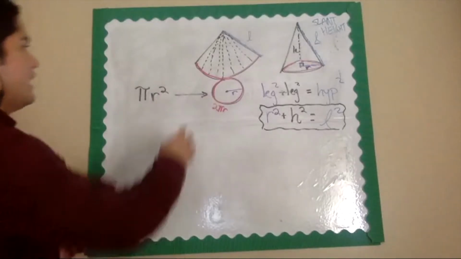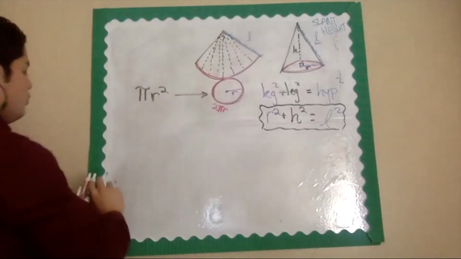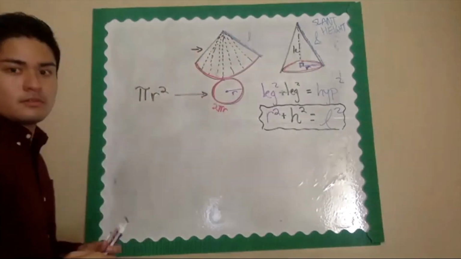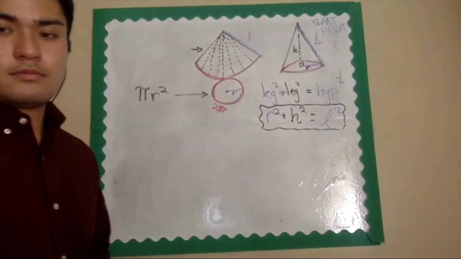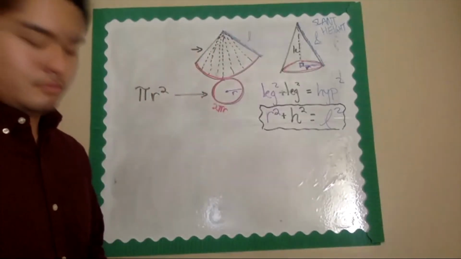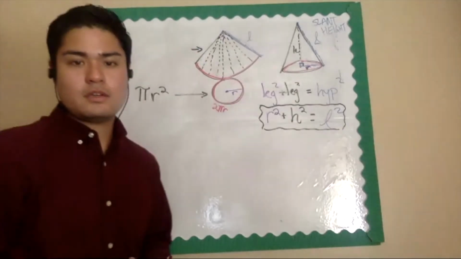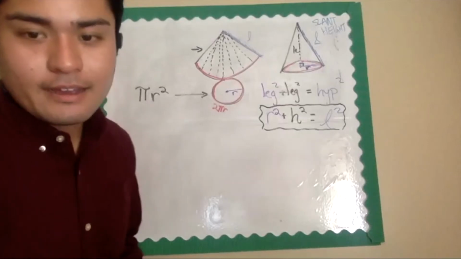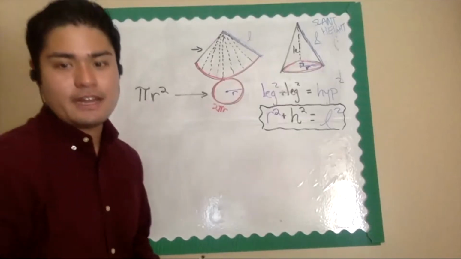These are triangles, okay? I made triangles. And what is the area of a triangle? Base times height divided by 2.